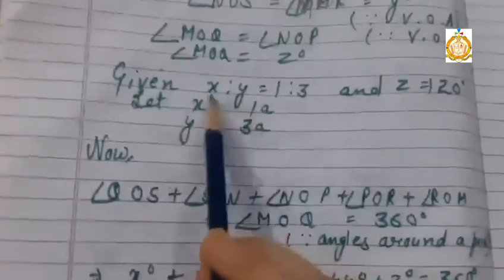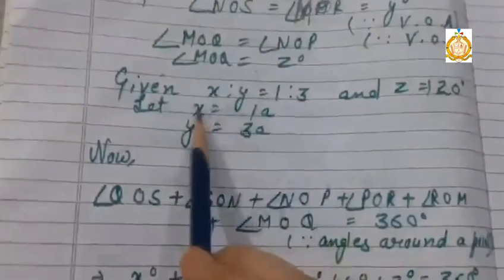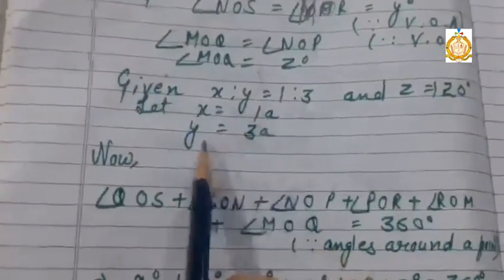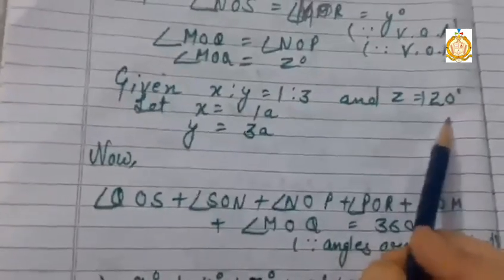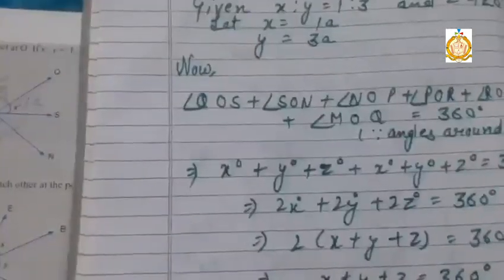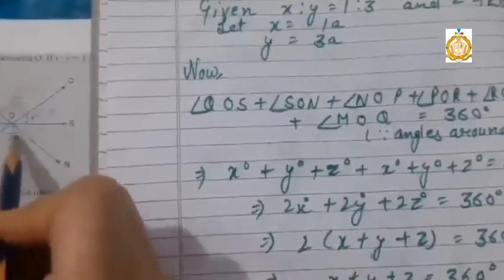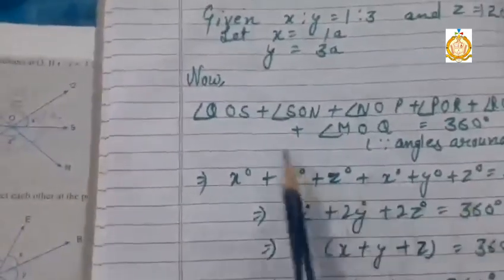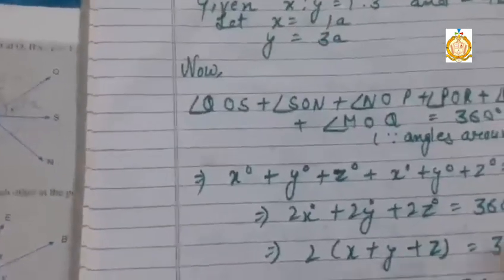And we are given x ratio y is equal to 1:3. So we can consider x equals 1a and y equals 3a, and the value of z is 120 degree. Now we will add all these angles, and as it is a complete angle, it would sum up to 360 degree. How to write this equation?